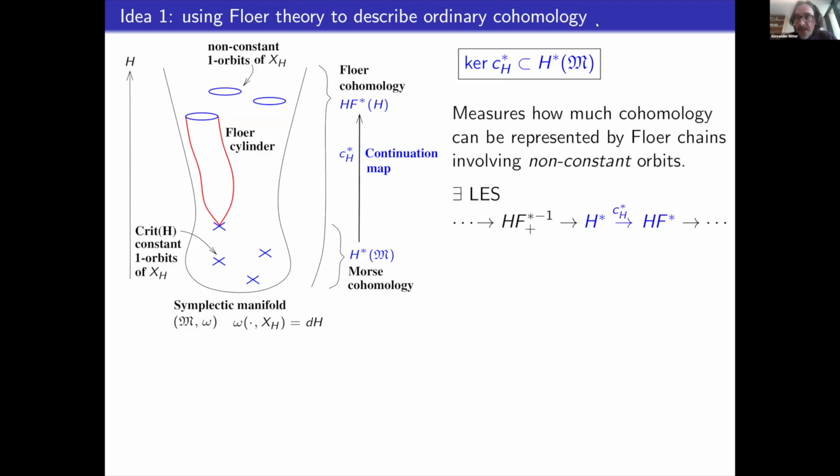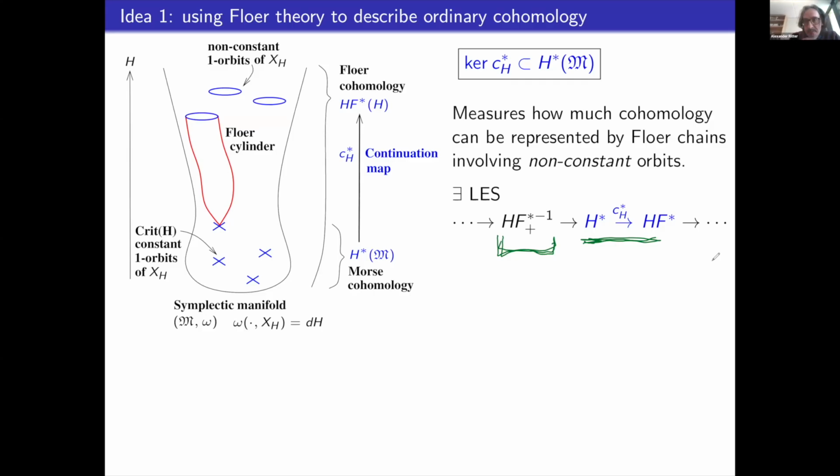So we have this long exact sequence, and we have the ordinary cohomology, the Morse cohomology here. This is our map. And the quotient complex at the chain level, where we quotient out the constant orbits, gives this thing called the positive Hamiltonian Floer cohomology, and we have a long exact sequence.